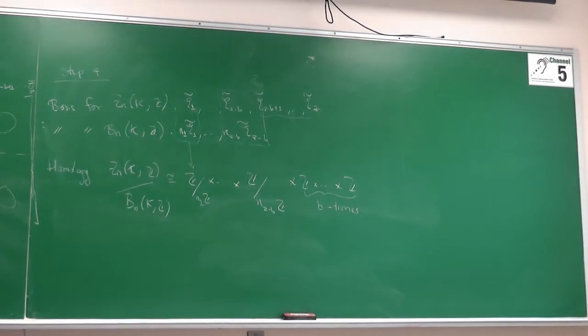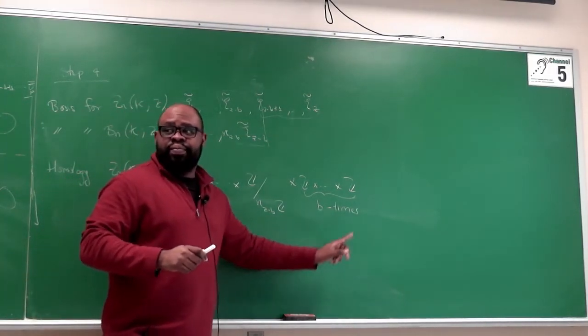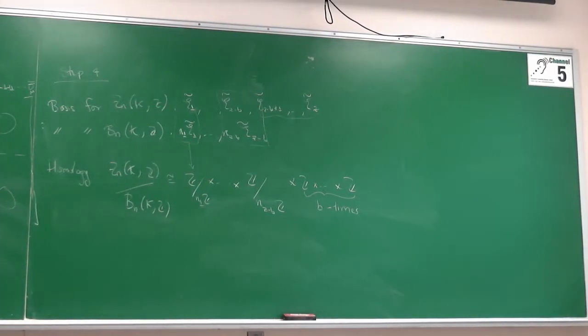And then the leftover cycles, there are b of them, are going to give you the number of times that Z appears in here. So that is the algorithm.